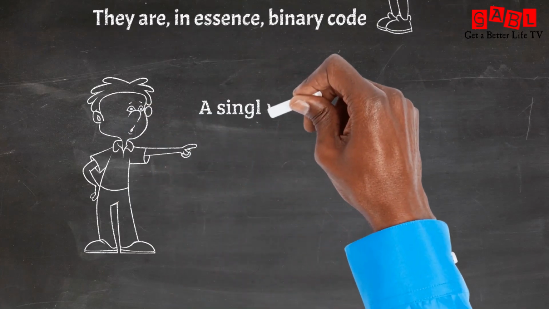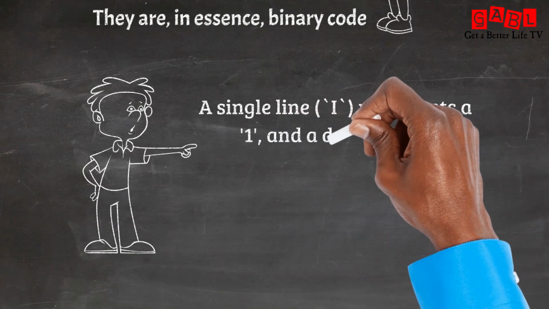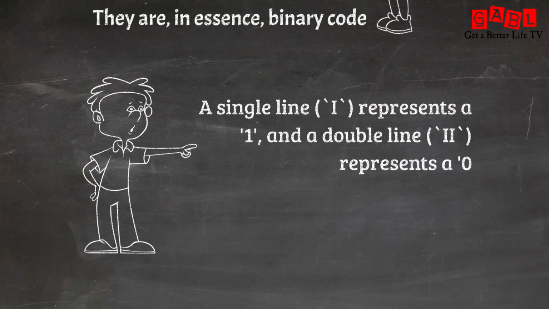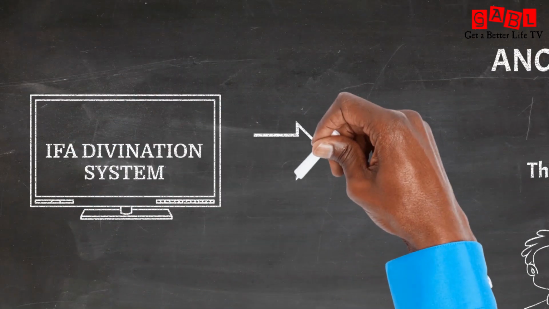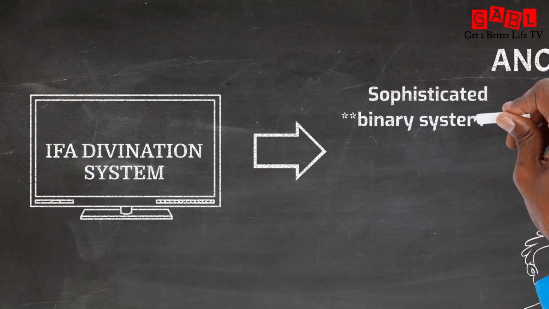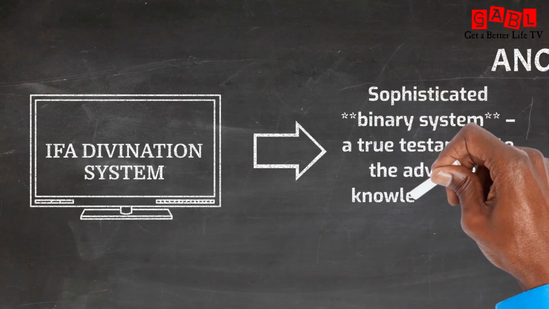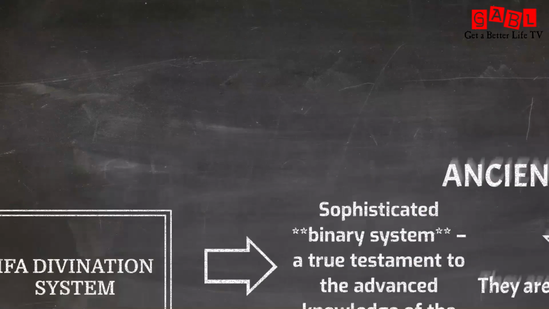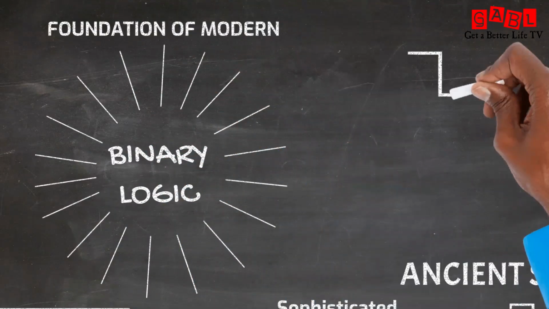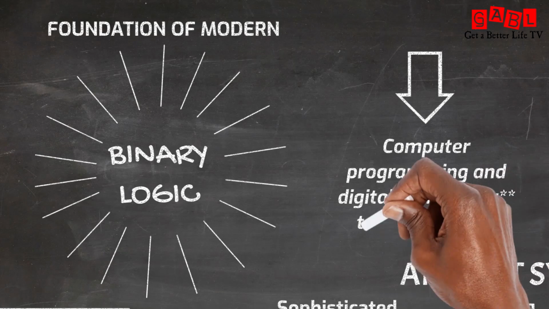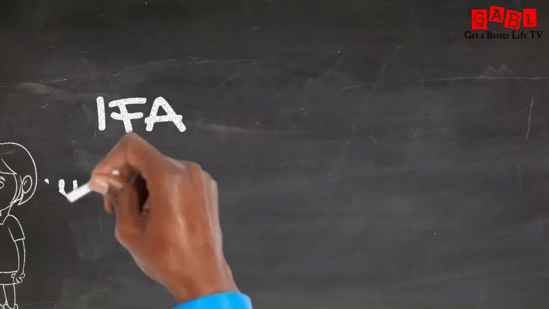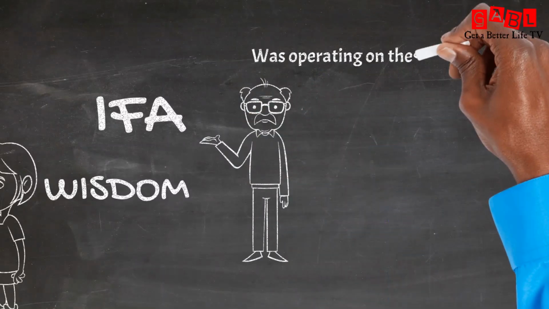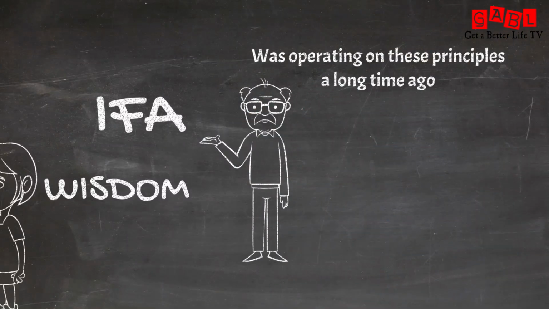A single line represents one, and the double line represents zero. This means the entire Ifa divination system is a powerful, sophisticated binary system, a true testament to the advanced knowledge of the Yoruba ancestors. This same binary logic forms the very foundation of modern computer programming and digital technology that shapes our world today. Ifa, in his wisdom, was operating on these principles a long time ago.